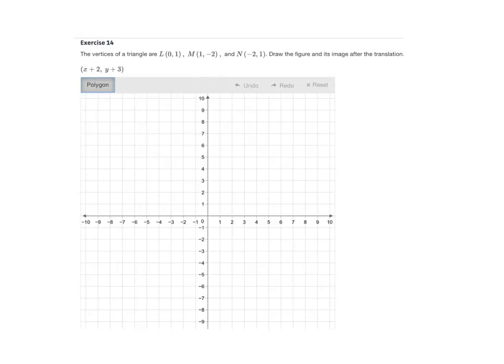Alright, number 14, let's go 0, 1. 0, 1 is there. 1, negative 2 is here. And negative 2, 1 is here. So I thought I was having deja vu, but it is the same shape.